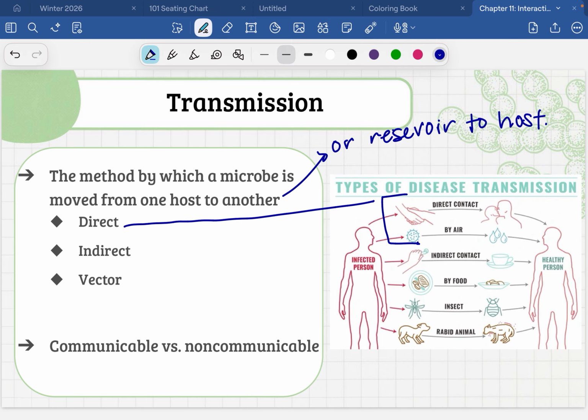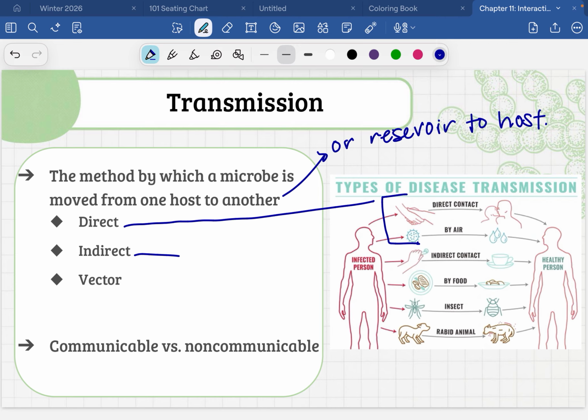If you sneeze in somebody's face, that is considered direct contact, right? Influenza is capable of moving from one person's face to another person's face through coughing and sneezing. Things like herpes and gonorrhea, right? Those happen through direct sexual contact. So those are also directly exchanged.